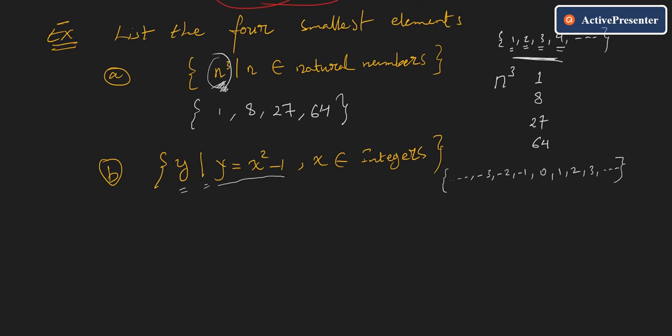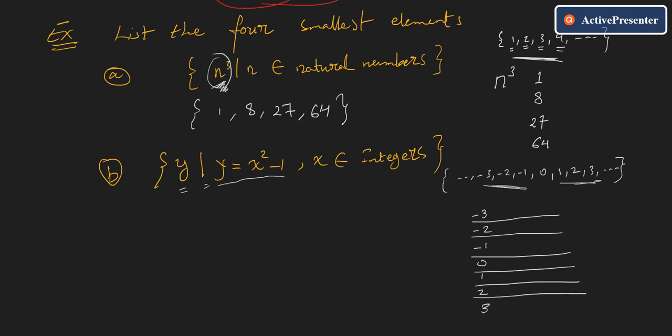If you are going to pick the smallest value that y will have, we don't know. We have negative integers, positive integers. So let's start in a proper manner. We will start with minus 3, then go minus 2, minus 1, 0, 1, 2, 3.